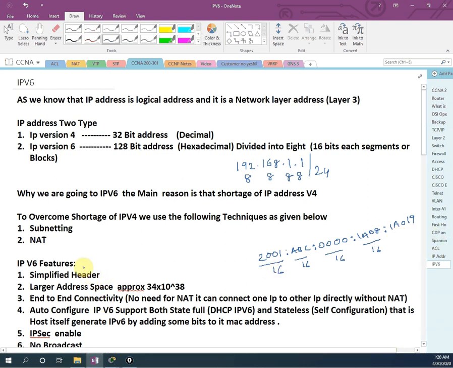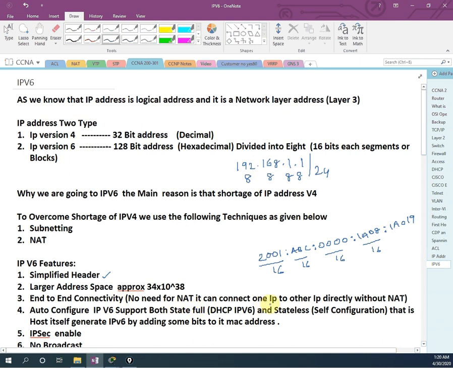Let's go to IPv6 and see some features. First, a simplified header. We have headers for IPv4 and IPv6, and we will discuss both in this video or maybe the next video. Compared to the IPv4 header, the IPv6 header is simplified. The next point is large address space and end-to-end connectivity, which means no need to do NAT.